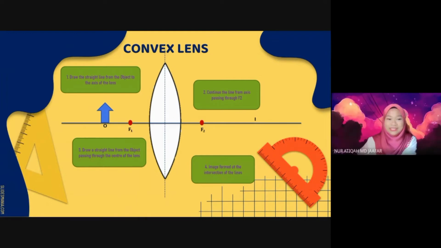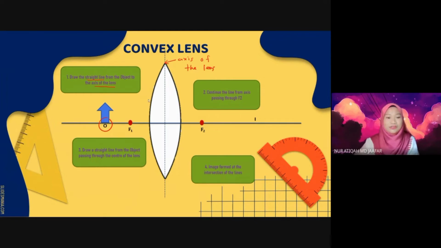For the first step, you need to draw a straight line from the object to the axis of the lens. This is the axis of the lens, which is where you divide the lens into two.